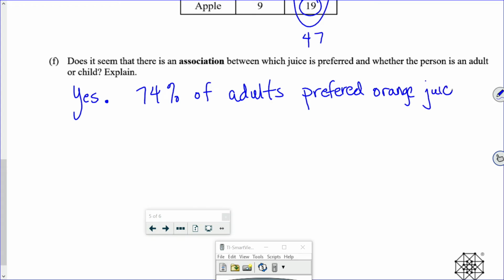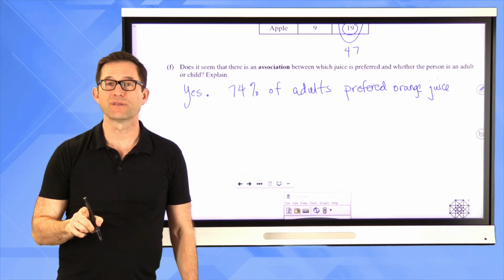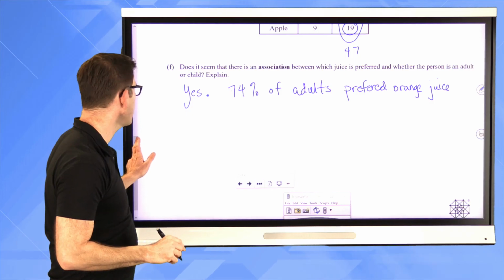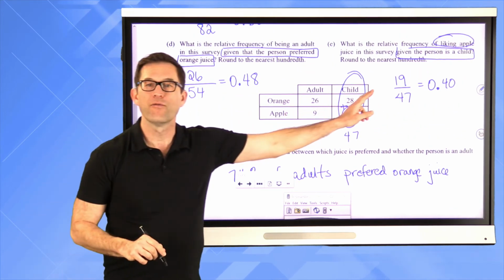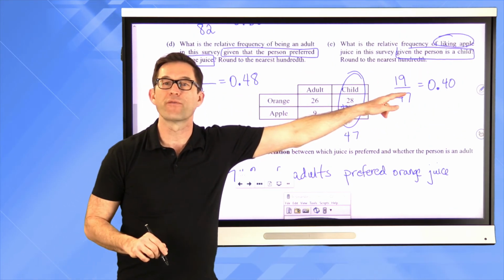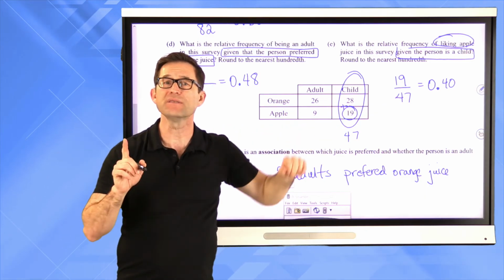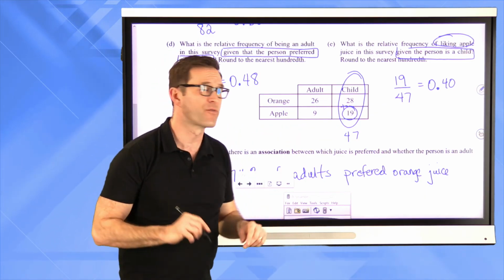Now, we never really calculated the percentage of kids that preferred orange juice, but we can figure it out very quickly. 40% of all kids preferred apple juice. That means 60% of all kids preferred orange juice.